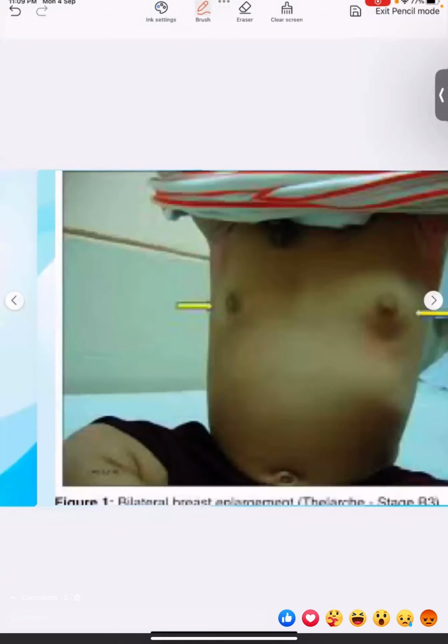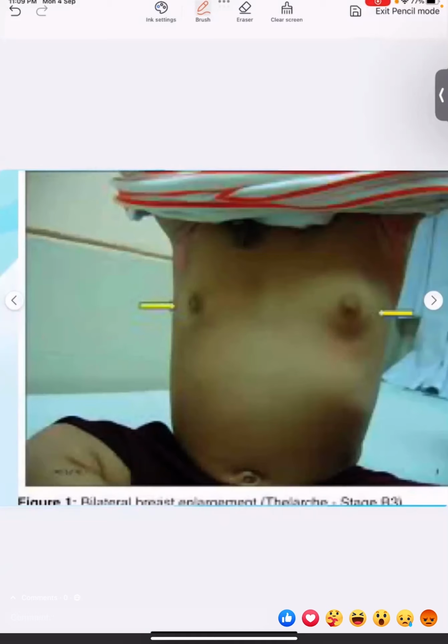What we see here is this. I said whenever you have breast enlargement in a female, you will say this is a case of central precocious puberty. But here I would like to say this is a case of premature thelarche. Why will we say this is not precocious puberty?